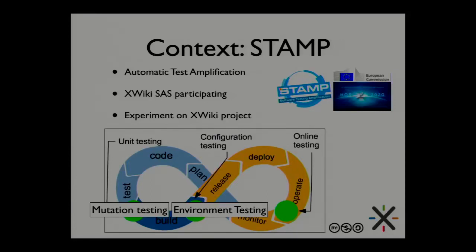And that company is participating in a European research project called STAMP. The purpose of STAMP is to extend the domain of testing by amplifying existing tests. And we'll see that the mutation testing that I'm going to mention is actually coming exactly from this research project, and the same for the environment testing. Okay. So that's the context.